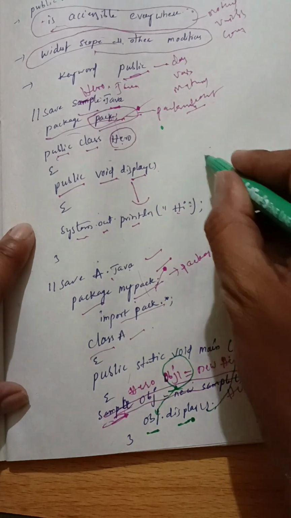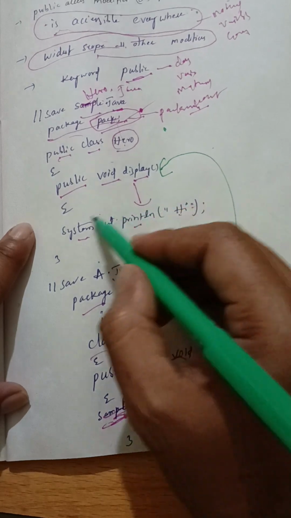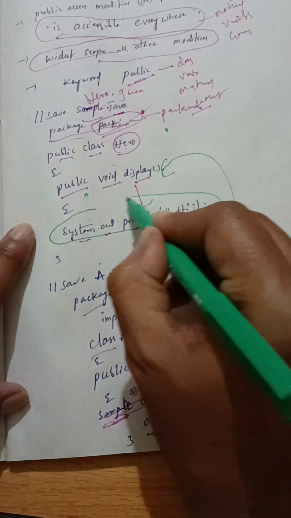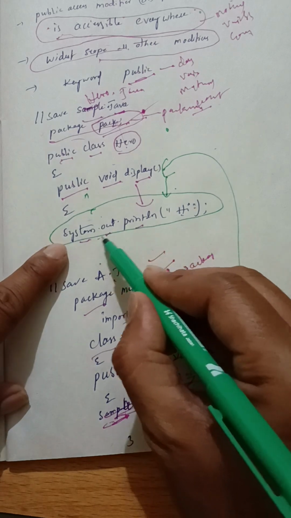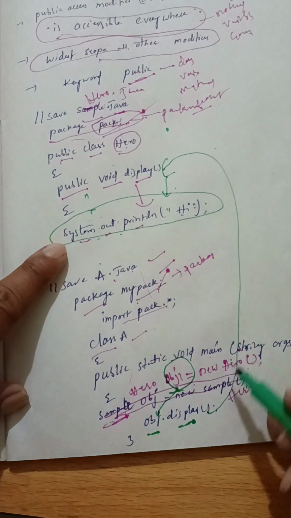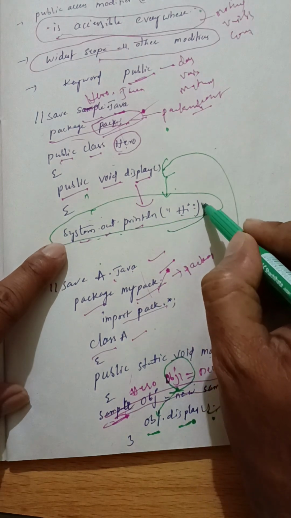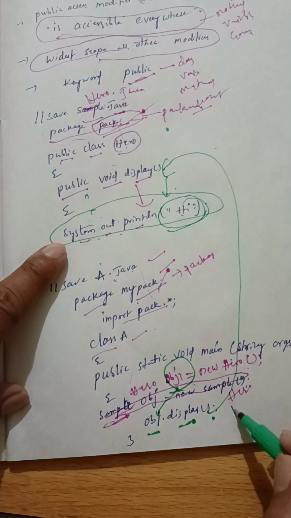The display method is here. What statements are in the display method? Only one statement is there: System.out.println I. When we execute, the message in the display method is displayed. I is our output.